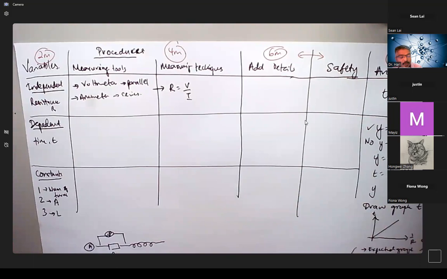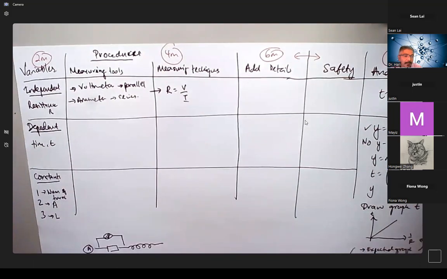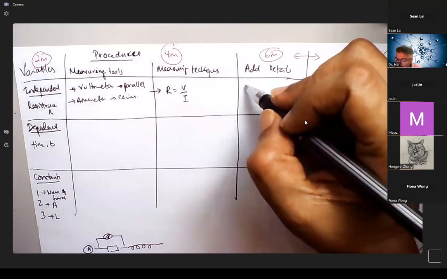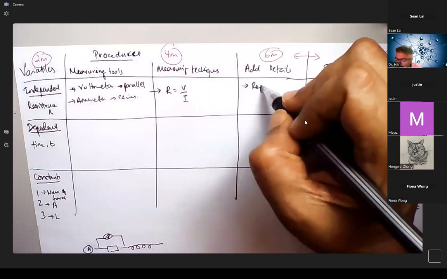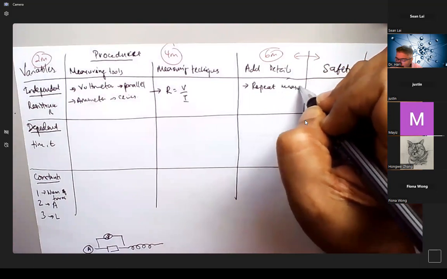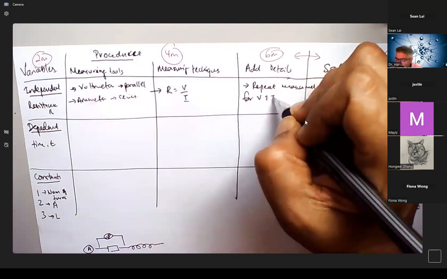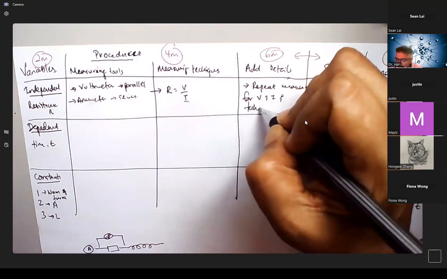So what are the additional details? We are measuring resistance using electrical meters, so we need to repeat the measurement for V and I and take the average.